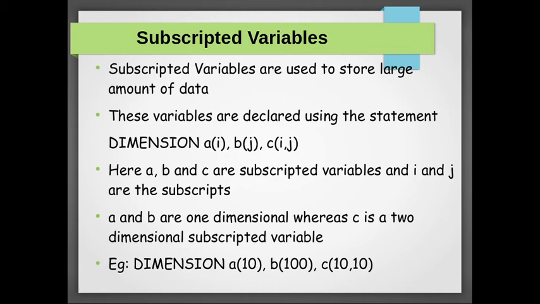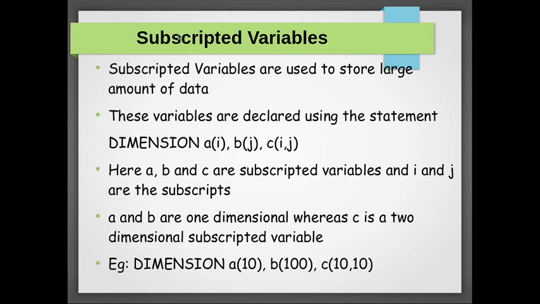It will extract the data from the memory locations, then divide it by the number to get the average. So the problem is that dealing with a large amount of data becomes difficult, having different variable names for each data item that we input. So what is the way around?